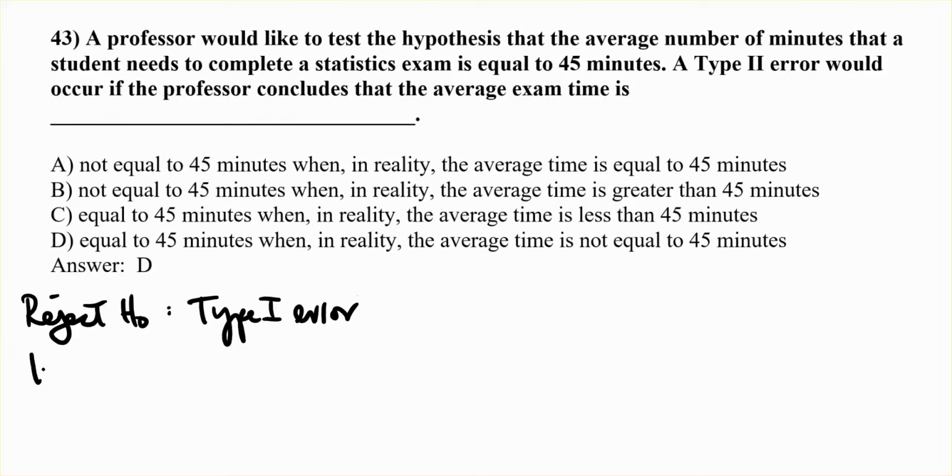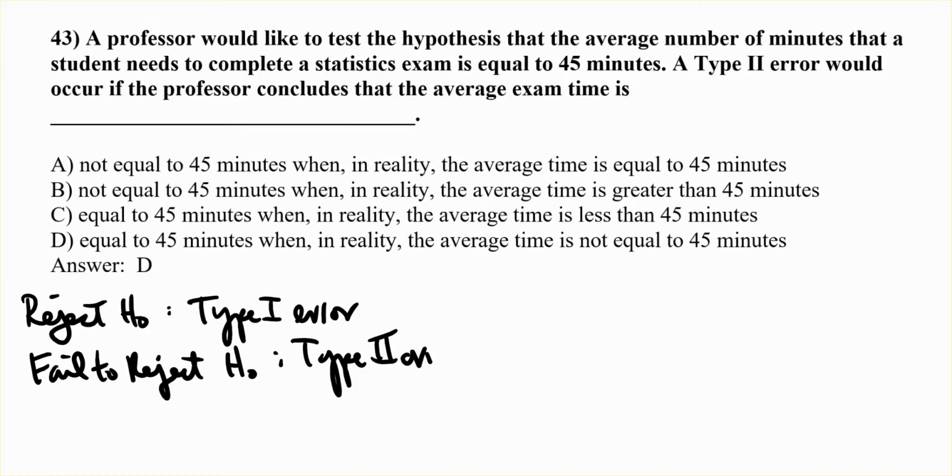When we fail to reject, then that potentially leads to a type 2 error. So type 1 can only happen when you reject the null hypothesis. Type 2 only happens when you fail to reject. So the professor concludes, if he's trying to test that it's equal to, then we failed to reject that.